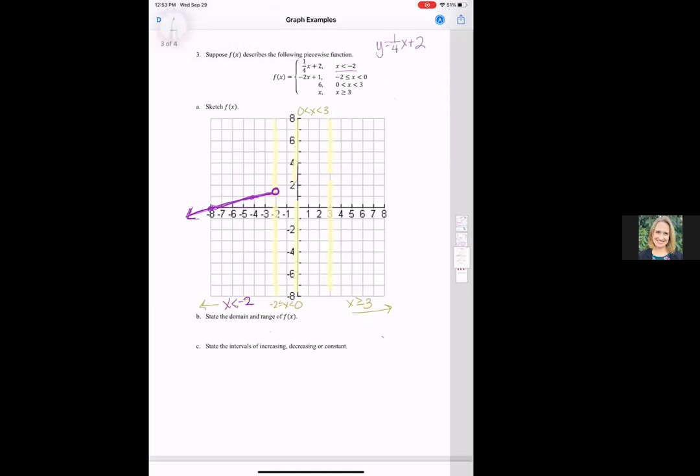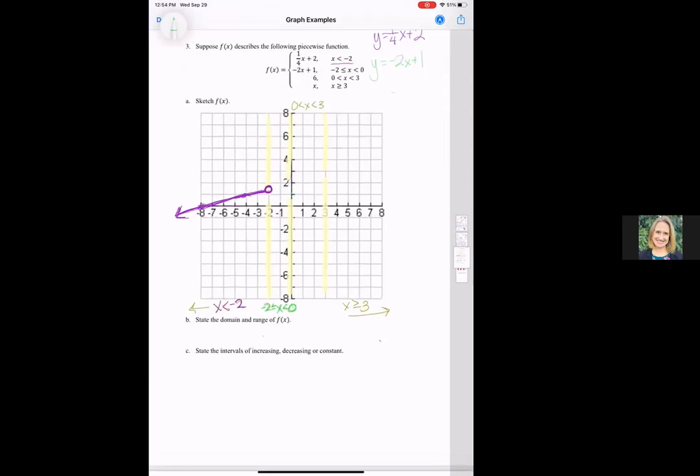And our next line is y equals -2x plus 1. But again, we only want it in this space between -2 and 0. And so I can think about graphing this whole line. I'm going to start here at 1, and then if you want to go to the right and down or to the left and up, both of them work.